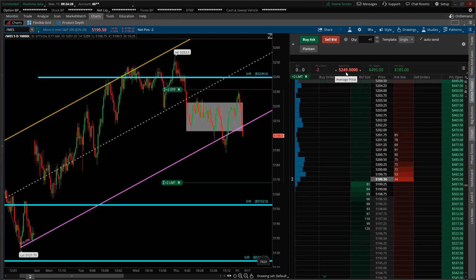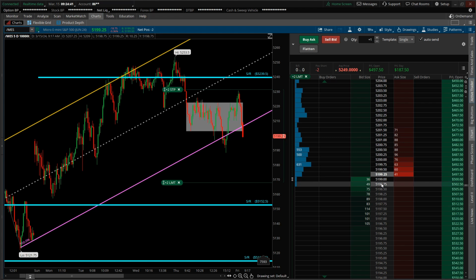And since I entered this short, the trade is now up $492, of which 185 was just from when the futures market started trading last night. As a matter of fact, when the S&P 500 hit this low from yesterday, the P&L was actually up a little over $600.